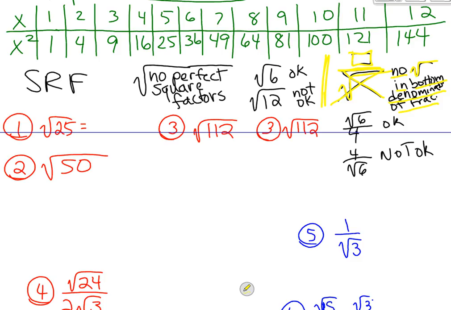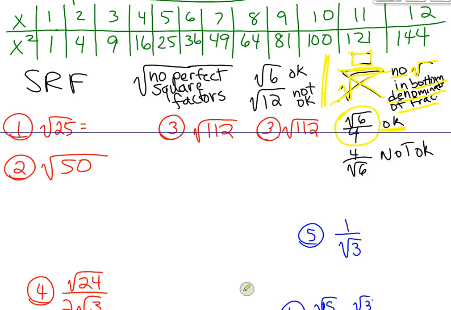If I have the square root of 6 over 4, write that down, that is okay. But if I flipped it upside down, 4 over the square root of 6 is not okay, because I can't have that square root in the bottom of my fraction, or in the denominator of the fraction.